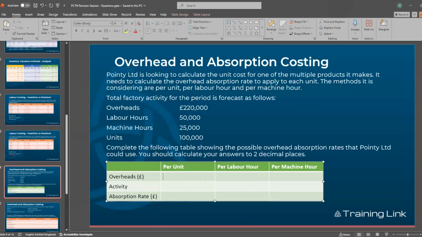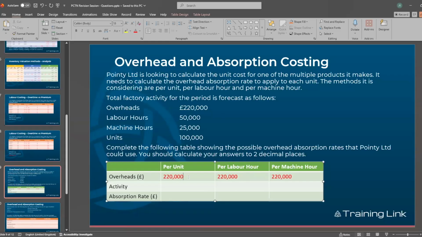So when we're first working out an absorption rate, we'll take the amount of overheads, which is 220,000, and that'll be the same for every amount, because that's what we're looking at. And then we'll look at the activity.